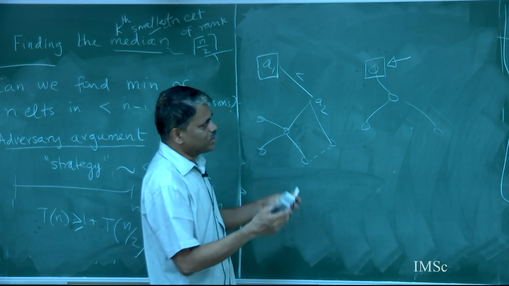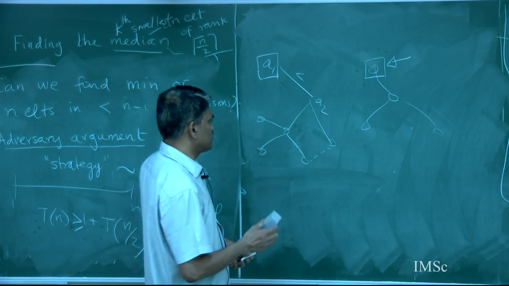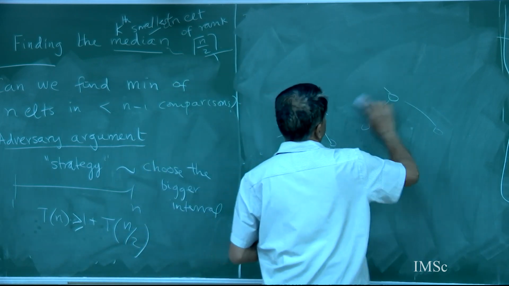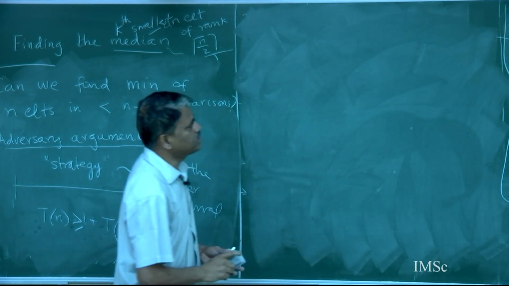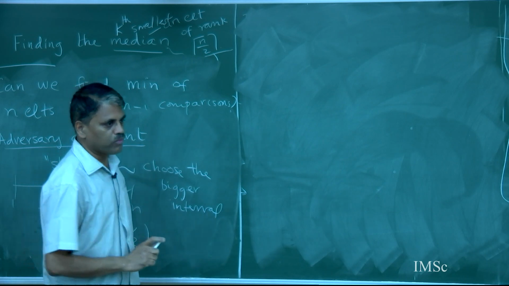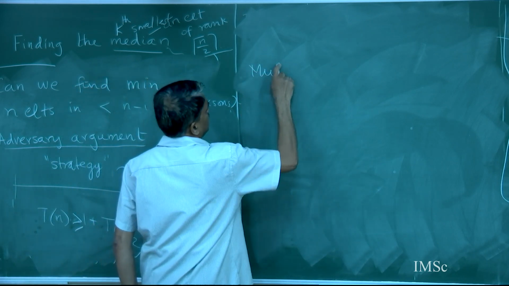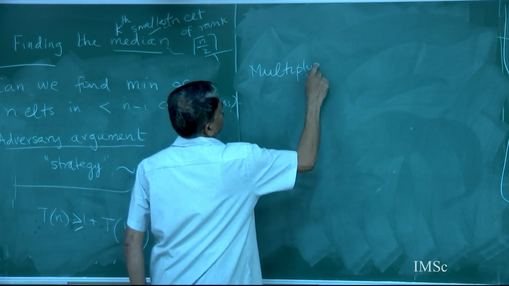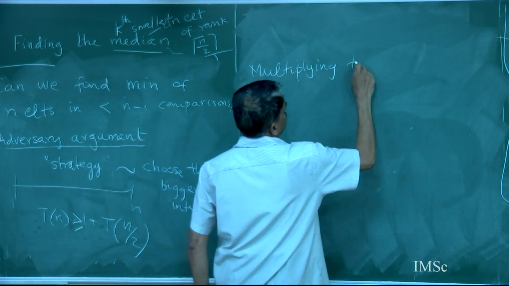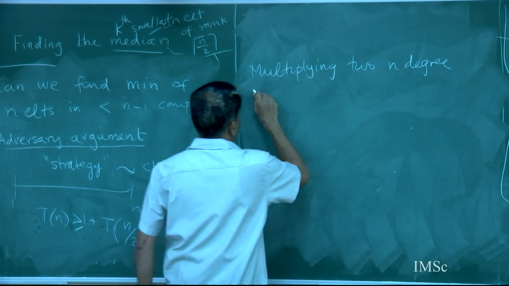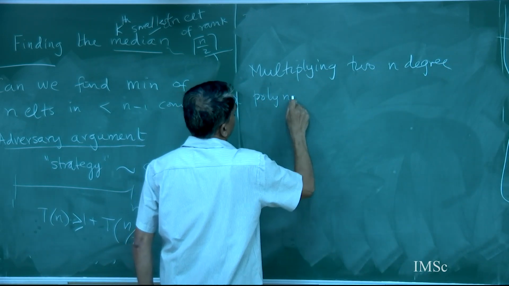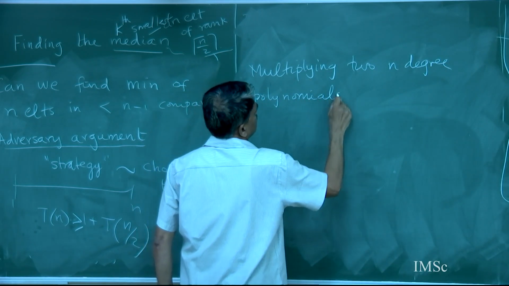So I'll just lead towards what I'm going to do next, and then we'll stop. Next, using divide and conquer, I want to give a good algorithm for multiplying two n-degree polynomials. These are polynomials in one variable.